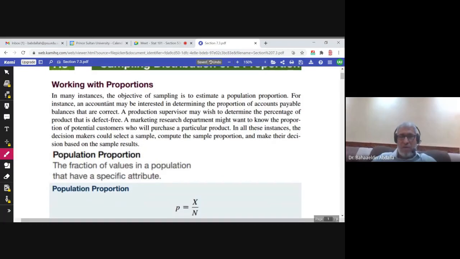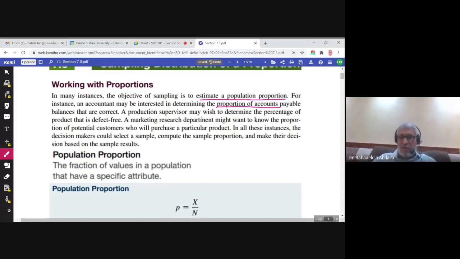In many instances, the objective of sampling is to estimate a population proportion. So this is what we are going to do in chapter 8. We will estimate the population proportion. For instance, an accountant may be interested in determining the proportion of accounts payable balances that are correct.